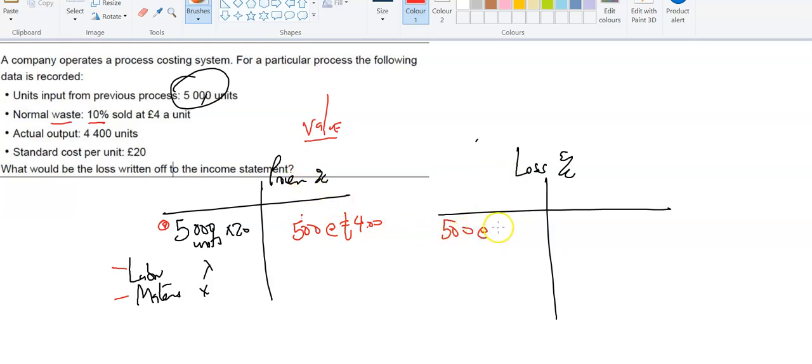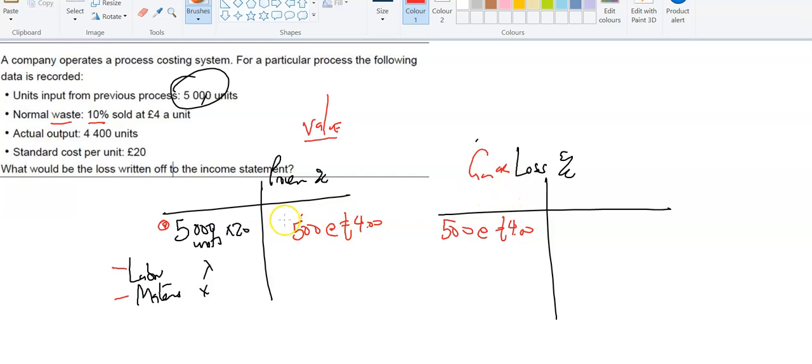So right now I have 500 at £4. I'll call it gain or loss. So you have this inventory sitting there, scrap, like maybe broken chairs that I can still sell, and they're just sitting in a separate inventory account.